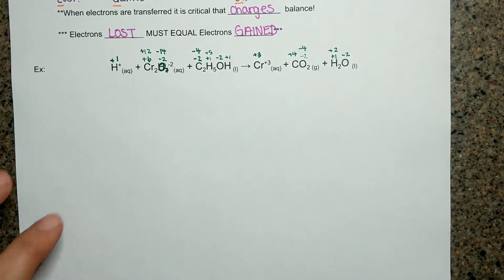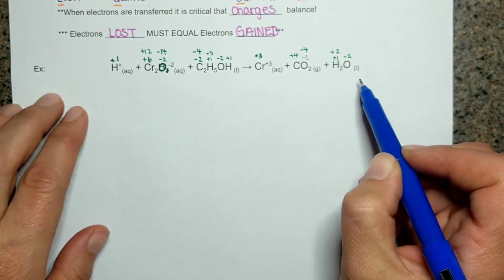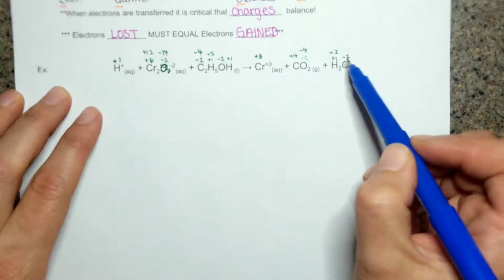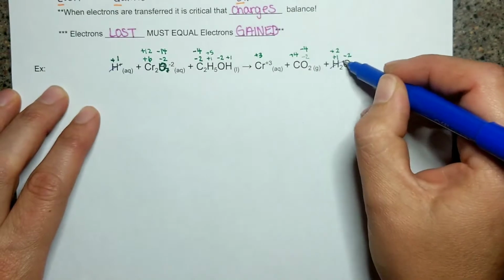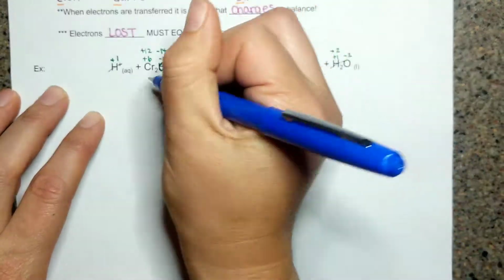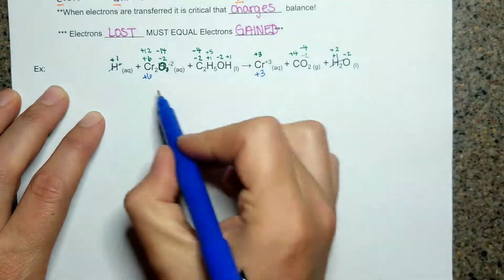So if I look here, I have some species that are changing the oxidation state and some that are not. So my hydrogen goes from +1 to +1, so I don't have to worry about that one. My chromium goes from +6 to +3, so that one's changing.